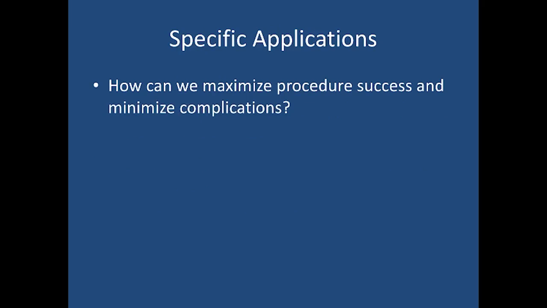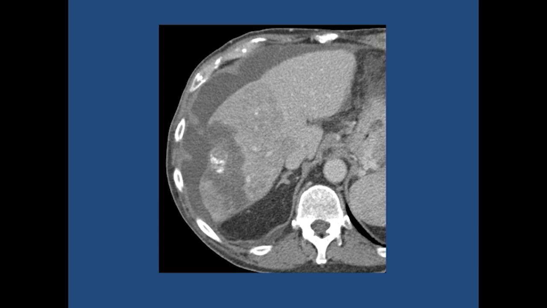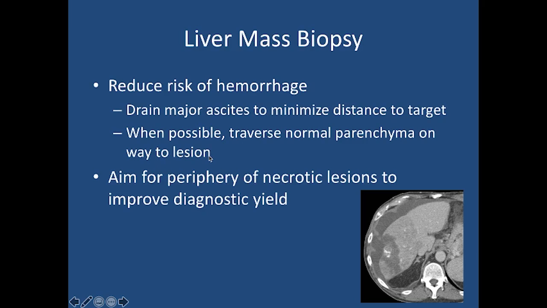So we're going to, at this point, talk about specific applications when it comes to biopsy, and importantly, in these applications, what can we do to maximize procedure success and minimize complications? In this example, we have a patient with a large liver mass. You see that there is quite a bit of ascites, and that this mass extends to the liver capsule itself.